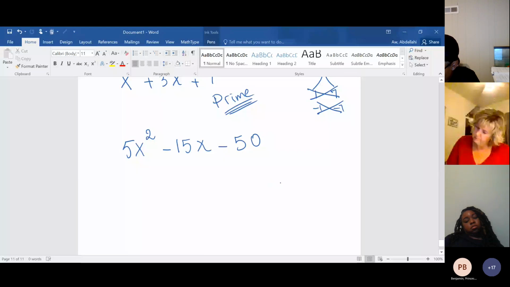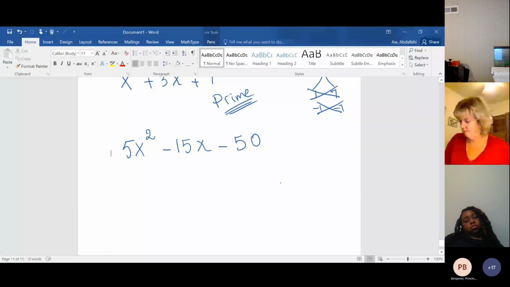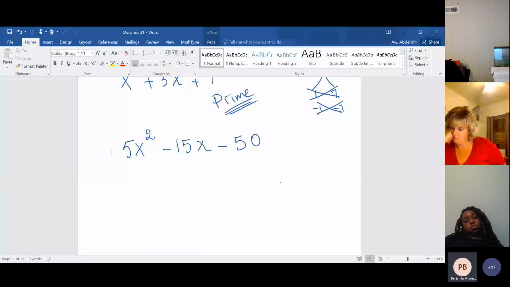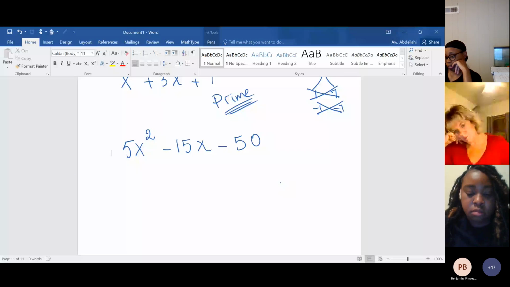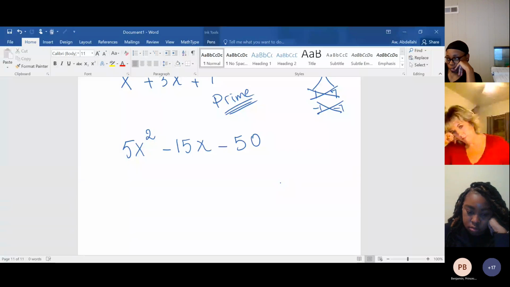Look right here. What makes this example different from the one we did before? We have 5x squared, right? Which means our technique of looking for two numbers will not work yet, right?